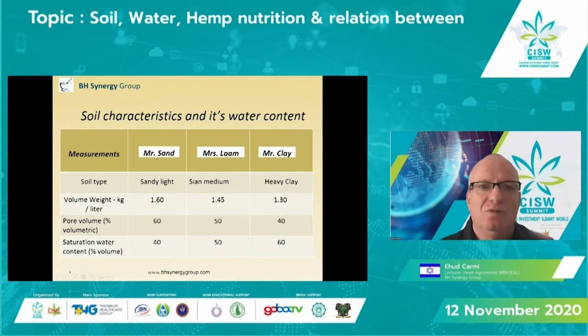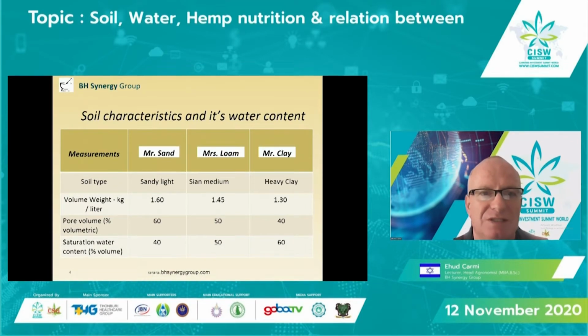When we talk about Mr. Sand, it's the sandy, light soil type. Its particles can be smaller or bigger, but it's the bigger part of soil. It's inert, there is no ionization relation between the particles.